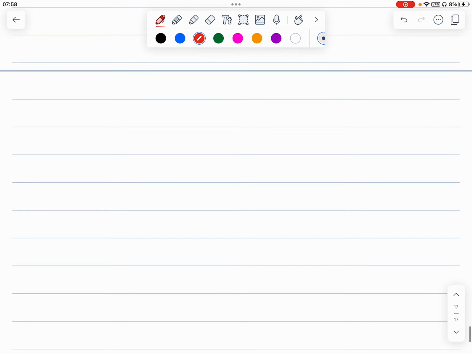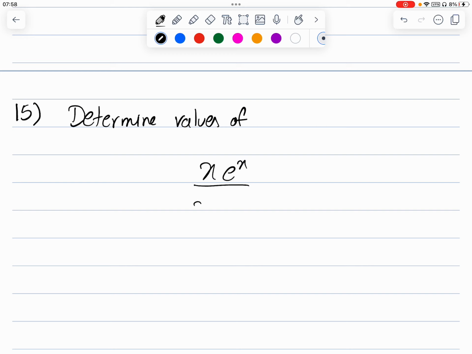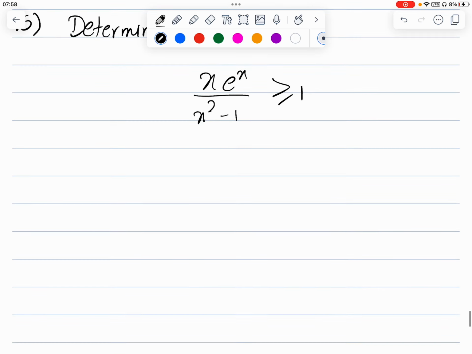Question number 15. Determine values of x such that x e power x upon x square minus 1 is greater than or equal to 1. This is also a question based upon the graphing calculator.